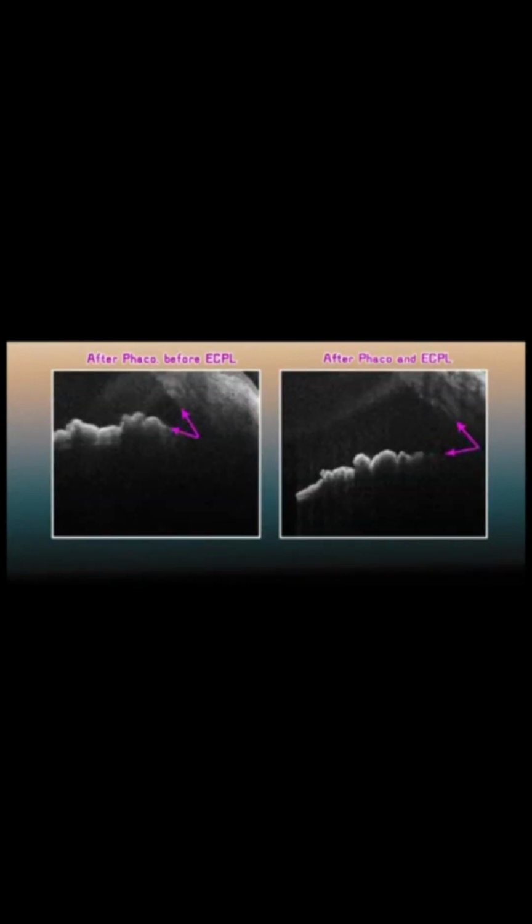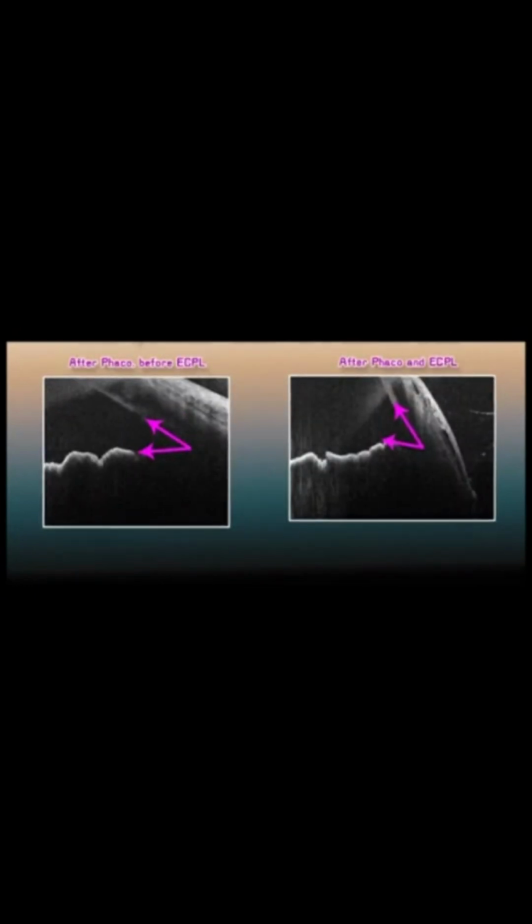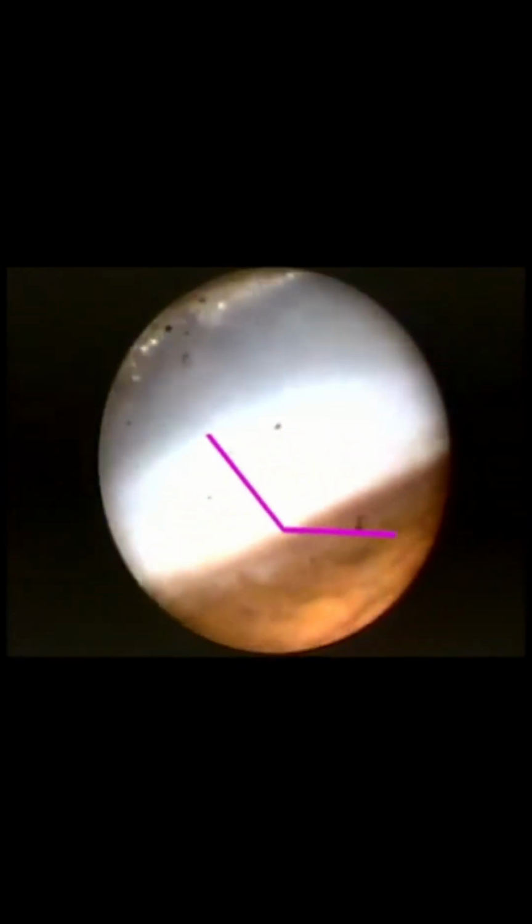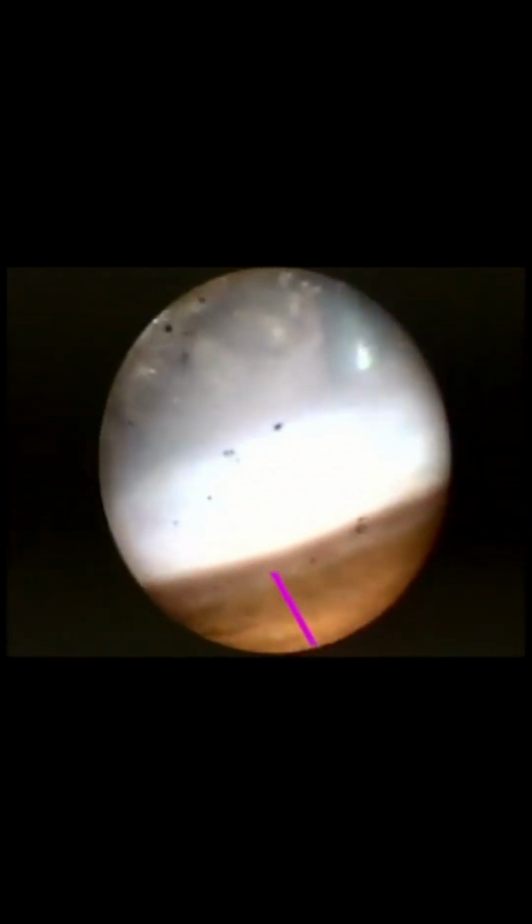ASOCT has been done in several cases. All of them show increase in angle recess. Cycloablation pulls the entire ciliary process, including its anterior head, posteriorly. It thereby widens the anatomic angle and flattens the peripheral iris, along with photocoagulative effect of decrease in aqueous production.